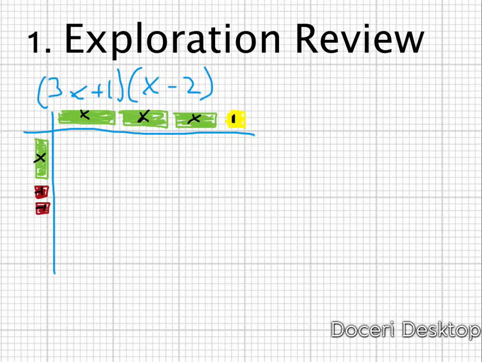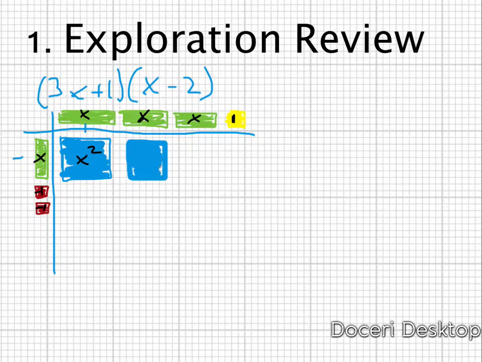Okay, so now all we had to do is multiply, and then this would tell me what my answer is. So I do x times x, which gives me a square that is the same as x squared. X times x, x squared. Same situation here.